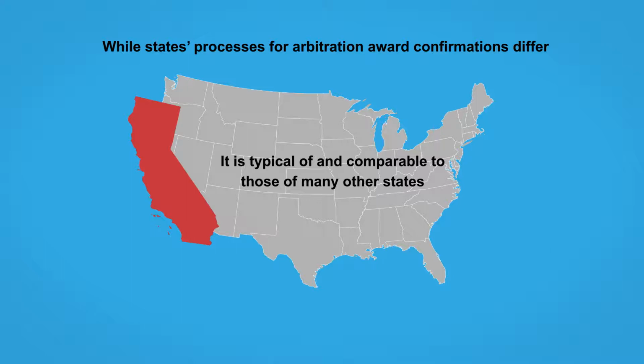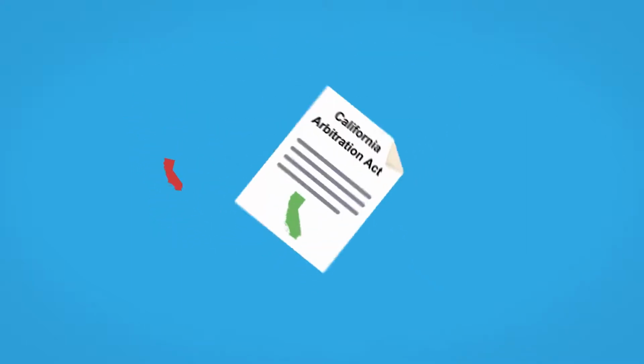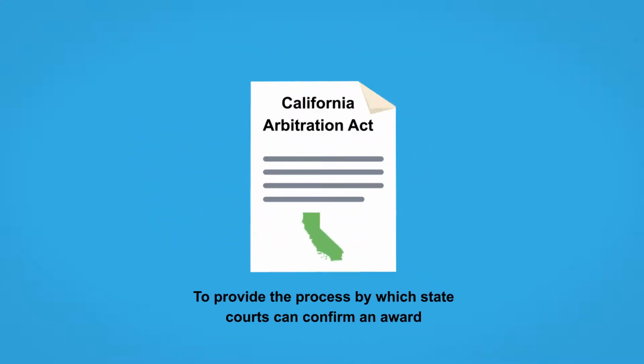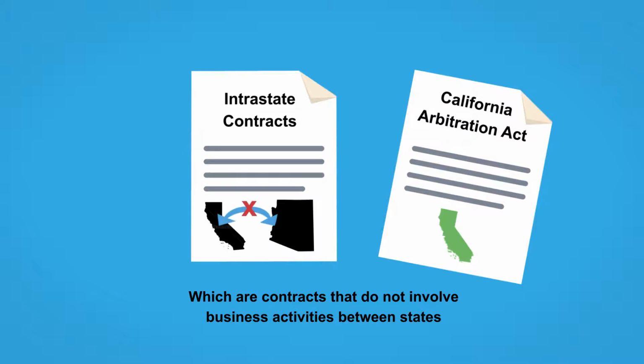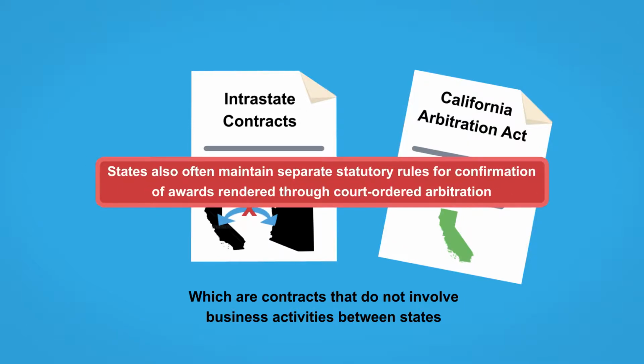States enact their own arbitration acts, such as the California Arbitration Act, to provide the process by which state courts can affirm an award. These acts typically apply to arbitration awards concerning intra-state contracts, which are contracts that do not involve business activities between states. States also often maintain separate statutory rules for confirmation of awards rendered through court-ordered arbitration.